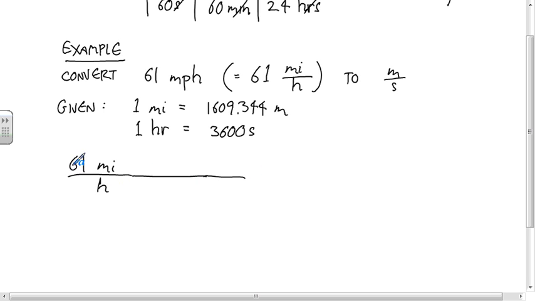And when you have these combination units and you have one thing in the numerator and one in the denominator, make sure that you put the one that's in the numerator, the miles in this case, in the numerator with the number, and the one that's in the denominator should be in the denominator of the whole fraction. You're going to put the number in line with the units. Okay.